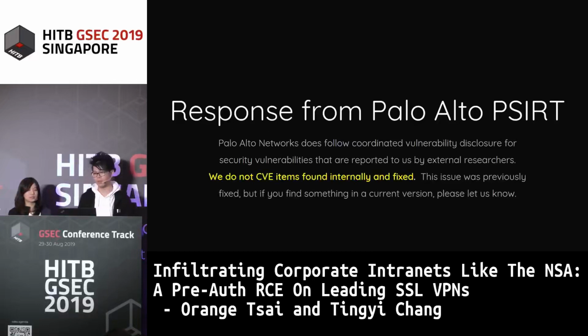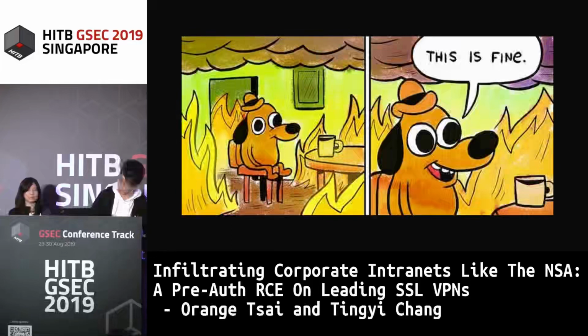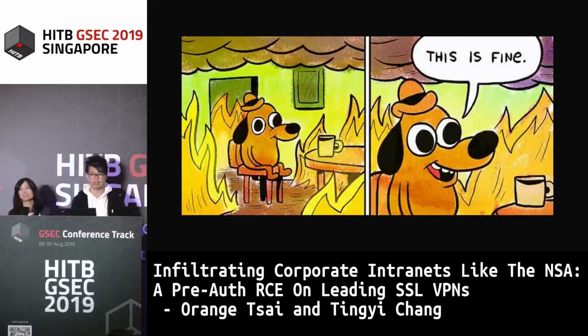So that's the reason why there is no official advisory. Okay, this is fine. There is no CVE, so there is no vulnerability. Anyway, Palo Alto still assigned a CVE for that, just right after we published the whole story.